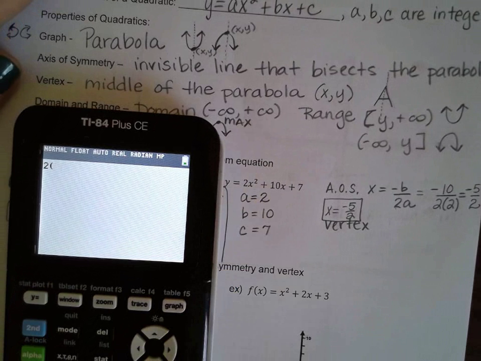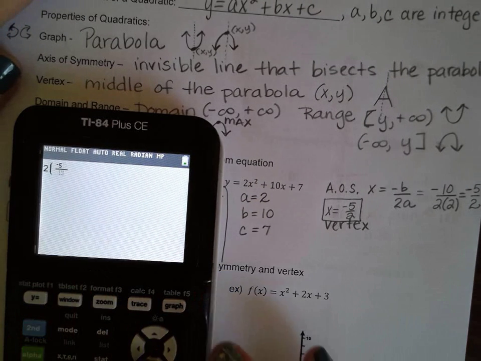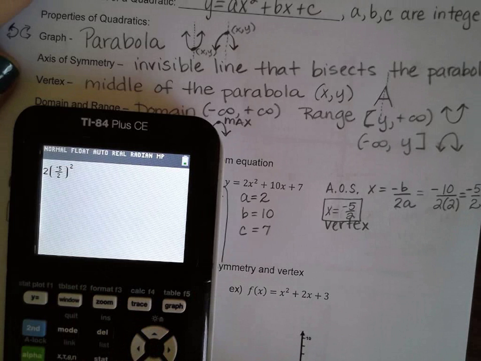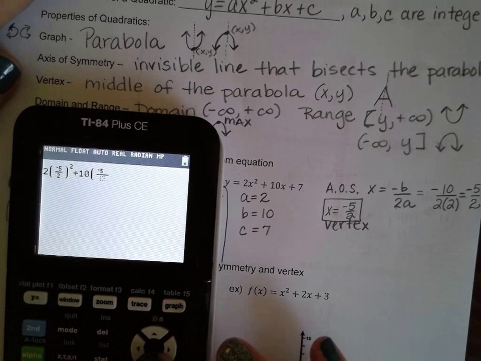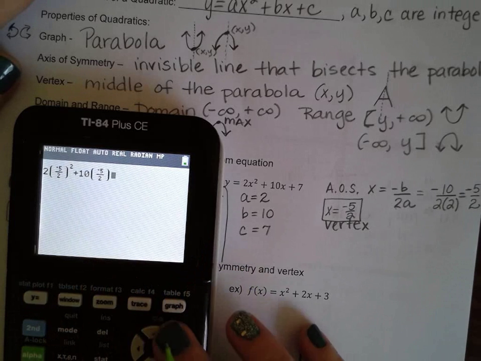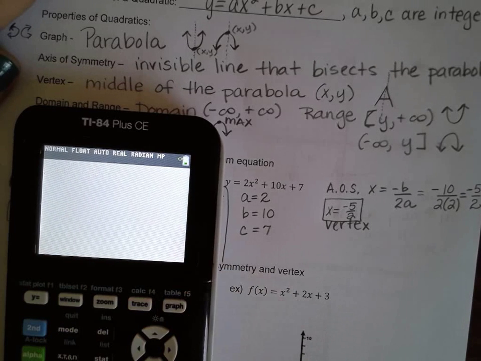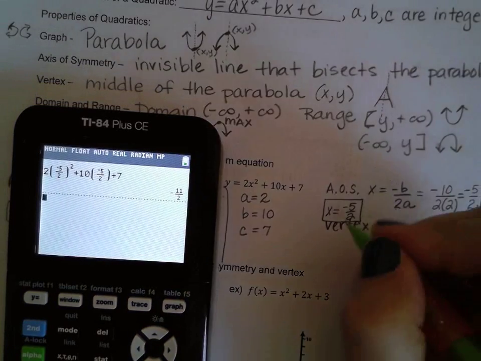So 2 parentheses, I'm going to use the fraction, negative 5 over 2, and we're going to square it, plus 10 times negative 5 over 2, and then plus 7. And we're going to hit enter. So our answer is negative 11 over 2. So that's your y coordinate of your vertex.